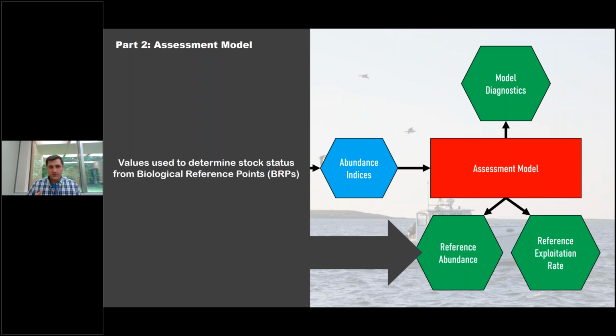Is the stock overfished? Is overfishing occurring? We did this so as to ask the question, if indices using environmental covariates had historically always been used, would there have been differences in management and regulations as a result?